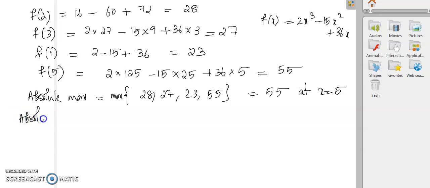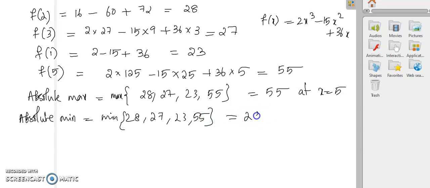The absolute minimum will be the minimum of 28, 27, 23 and 55, which is 23, and that occurs at x = 1. Therefore the absolute maximum occurs at 5 and the absolute minimum occurs at 1.